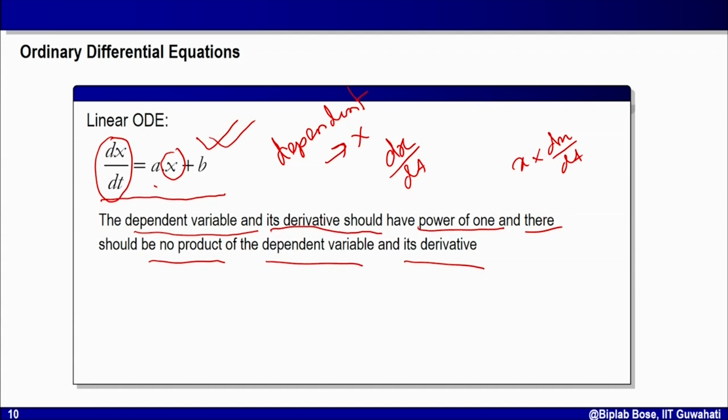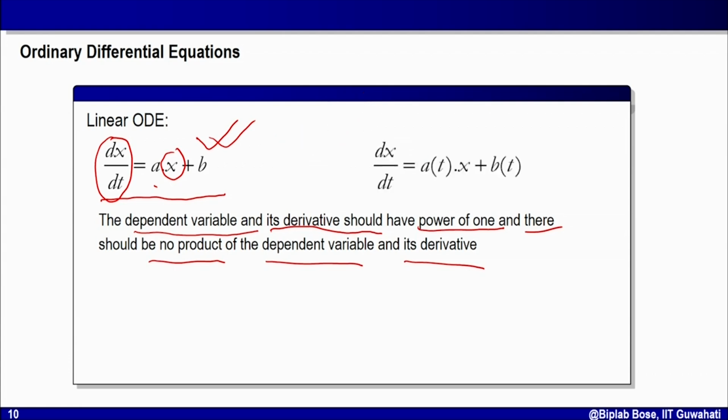I can have a slight variation of this linear ODE also. Let us see that. In the previous example, A is a constant. Whereas in this second equation, we have dx dt equals A, which is a function of time, into x, plus b, which is again a function of time.